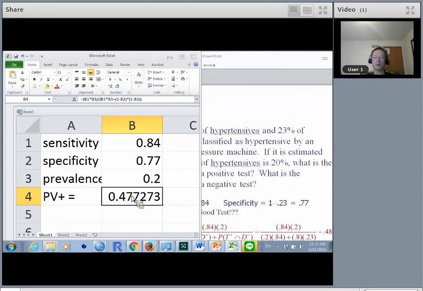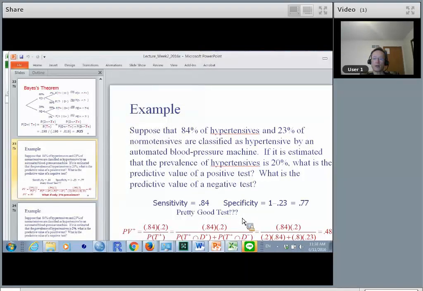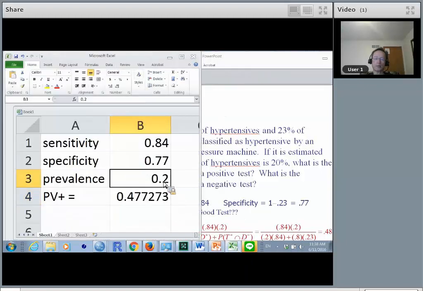Okay, so you can use Excel, but I can't remember whether I put a problem like that in your quiz or not. But anyway, this tells you that if you have sensitivity, specificity, and prevalence, you'll be able to calculate the predictive value of positive tests. I hope this example helps. My question was, if I change the prevalence to only 2%, what would that change the predictive value of a positive test to?